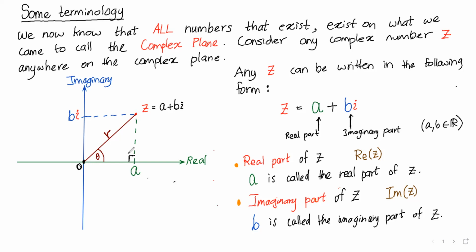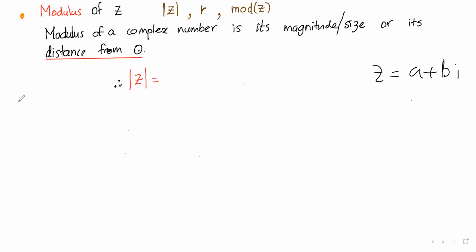So actually, I will just quickly show you here. You have something like this: this is your zero, this is where your Z is. This length is A, this is a right angle triangle, and this length is B. So this is what your modulus is, the length of this line, and this is R. So R is equal to the square root of a squared plus b squared.